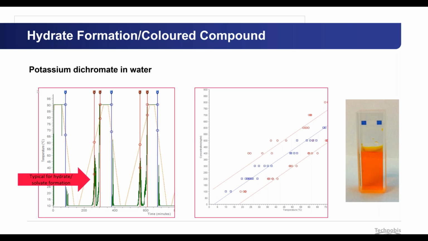But in this case scenario, it was part of a study where we were looking at different colored compounds, and actually for this potassium dichromate in water, which only one form is known, we actually identified that it may form a hydrate or a solvate, a hydrate actually.